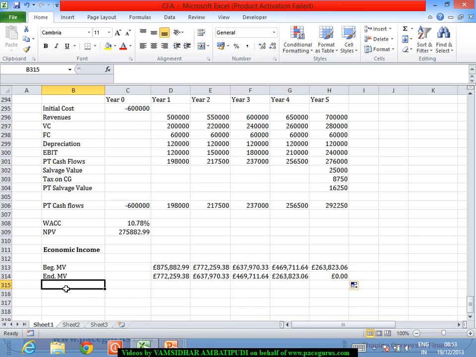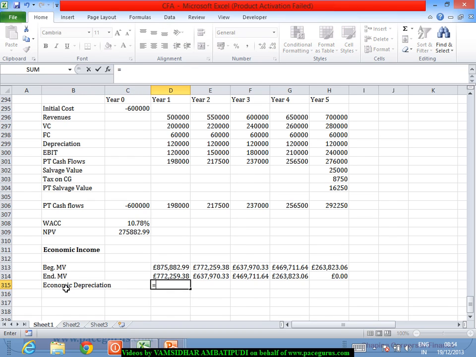Which means there is a decrease in the market values each year. The change in the market value is what we call economic depreciation, which is nothing but the change in the market value of these assets.